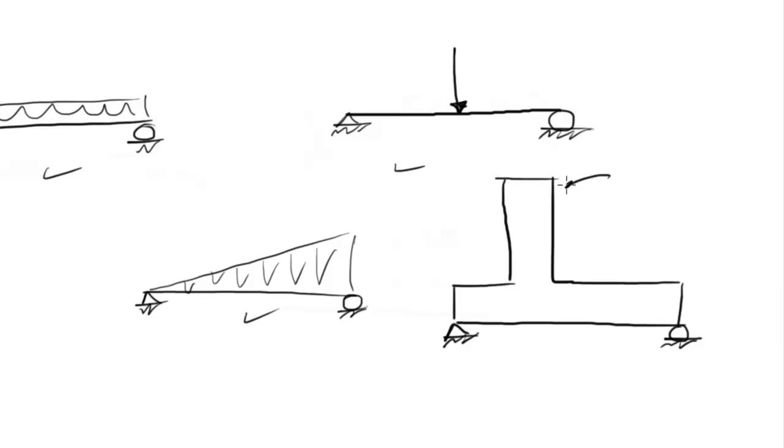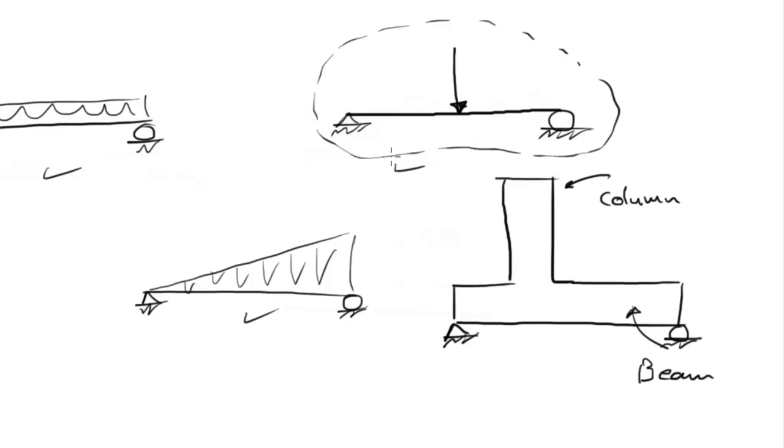Let's say this is a column and this is the beam. So the way we represent the load coming from the column to the beam is this way. So this is the free body diagram, basically the simplest form of drawing this problem.